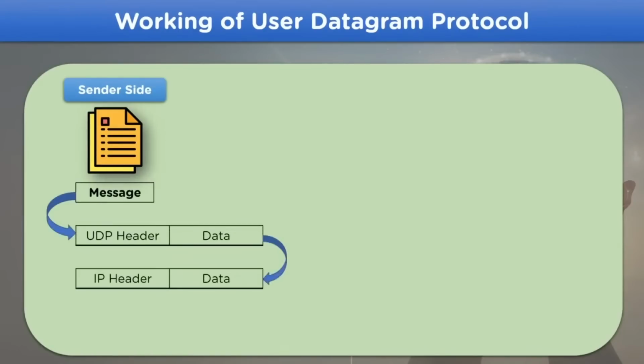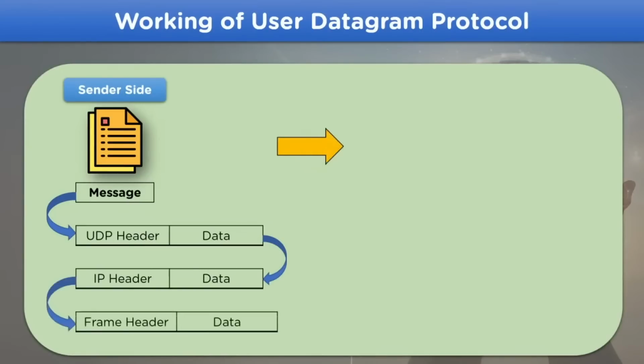The next step is to hand this over to the IP section for encapsulation, with the IP header and data with the UDP header and data part. As for the last step, this part is handed over to the frame section, where it is transformed into the frame header and data format. Moving on, now let's transmit the data over the network channel for the receiver end to receive it.